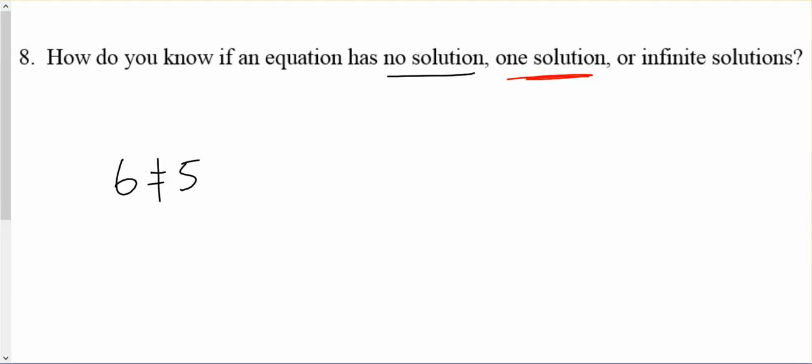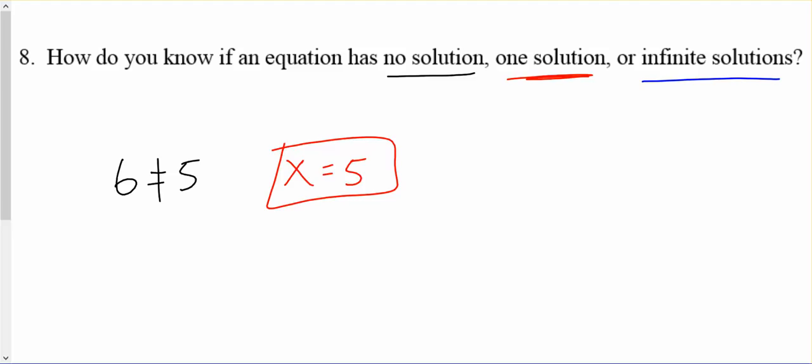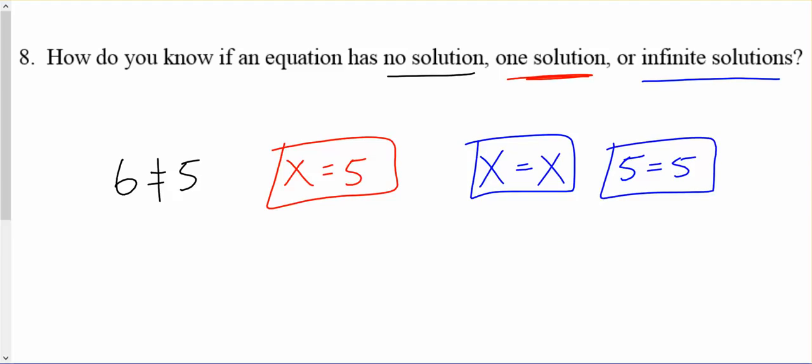One solution would be just a normal answer, like what we just got, or x equals 5 or something like that. And infinite solutions is something where we simplify down to x equals x, or something like an integer equals the same integer, and those are infinite solutions.